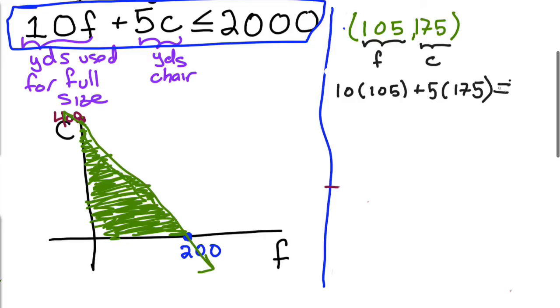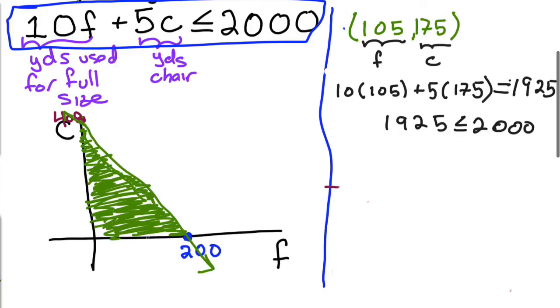So what does that equal? That equals 1,925. Now notice that that is less than or equal to 2,000. And since I have 2,000 yards of canvas, this means that I would have 75 yards left over.